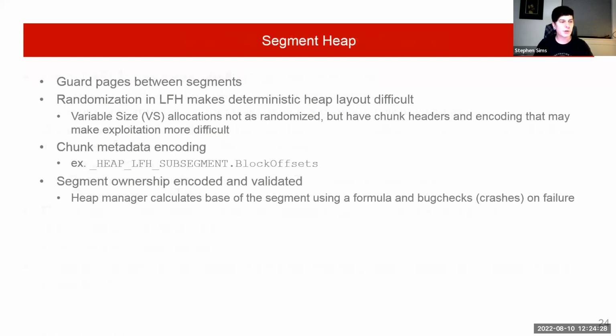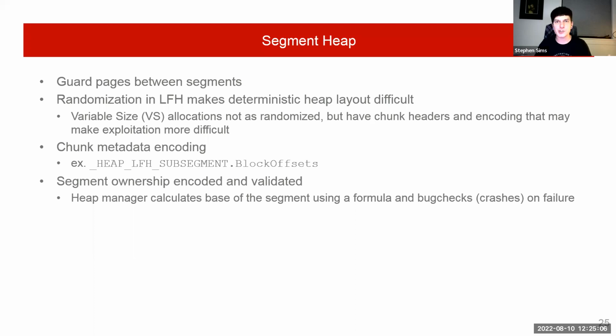Segment heap. So in userland, there was something called the low fragmentation heap that was implemented primarily with Windows Vista. Well, go further down into the future, and what Microsoft decided to do was implement the low fragmentation heap and something called the segment heap that was running in userland in the kernel. It's used for dynamic memory allocations, and it's a much better protected memory manager.